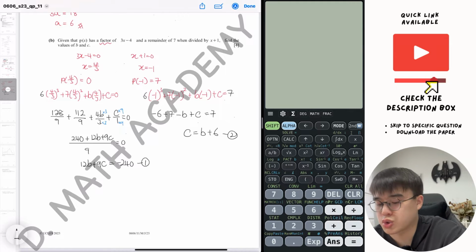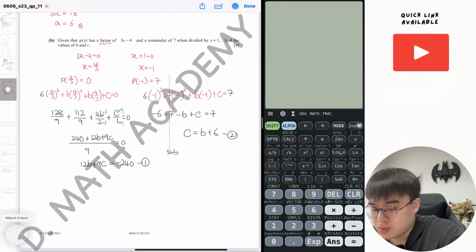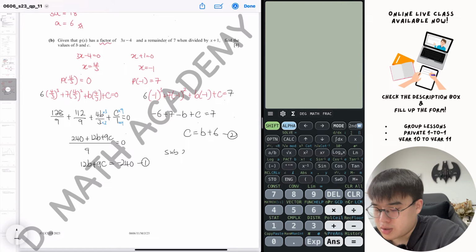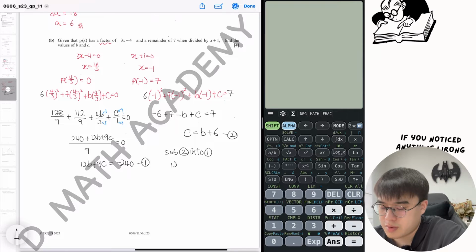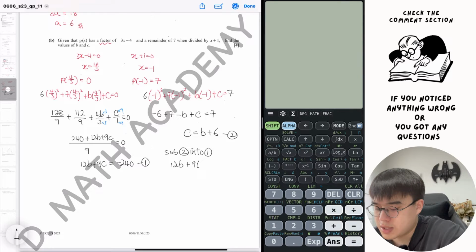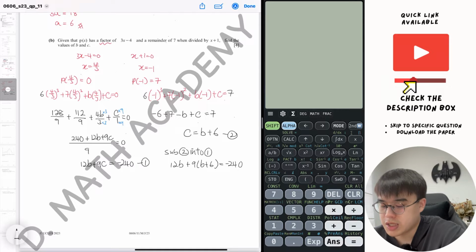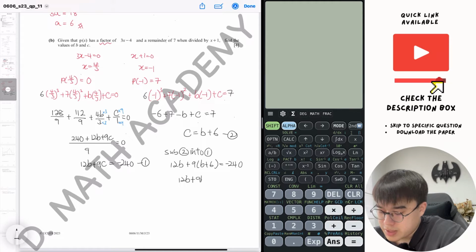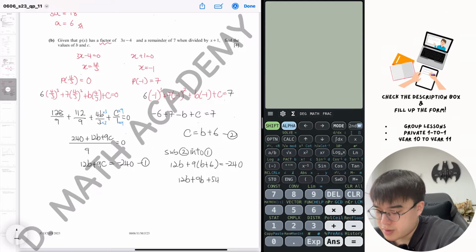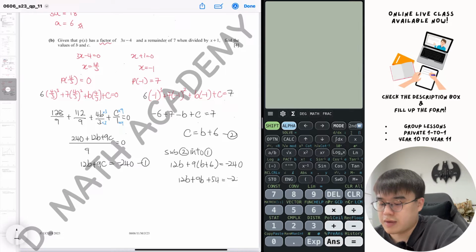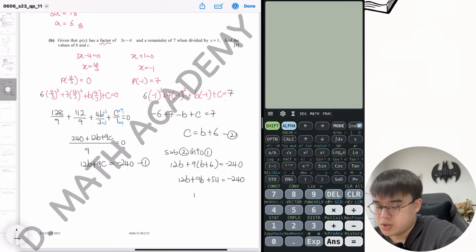That's my equation 2. So I will substitute equation 2 into equation 1, where you will get 12b plus 9b plus 54 equals to -240. So rearrange them.